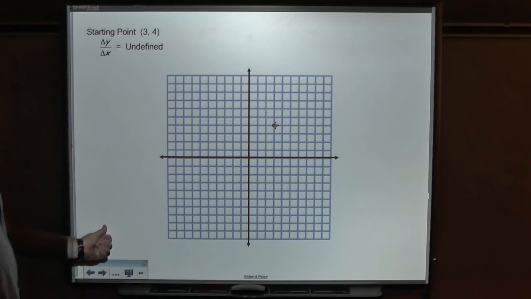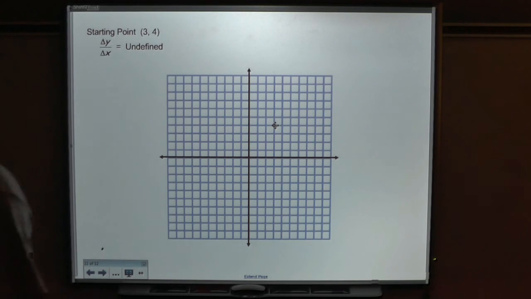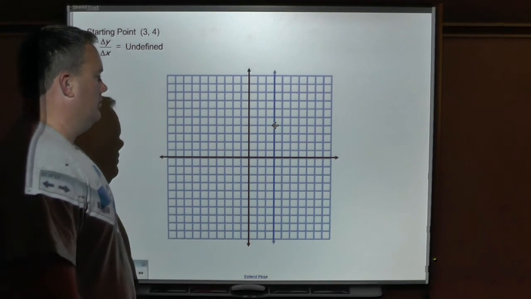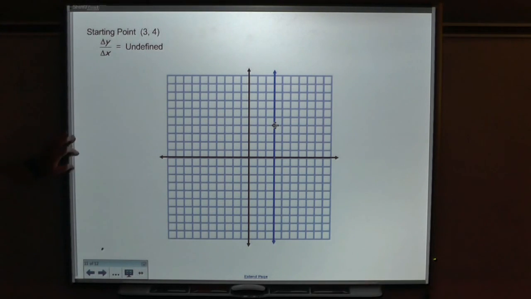Undefined slope. From our special cases, undefined slope means vertical line. So from that point, draw a vertical line through the point 3, 4. And then you've got your vertical line. All vertical lines have an undefined slope. That's all we had to look at.